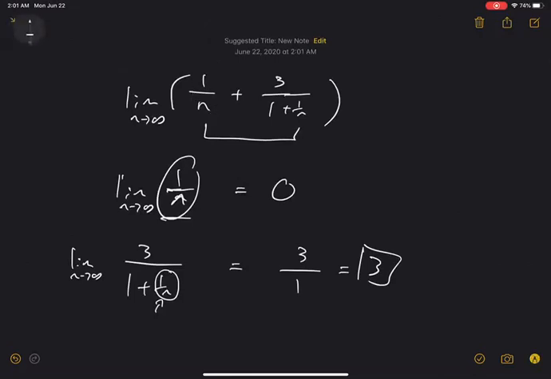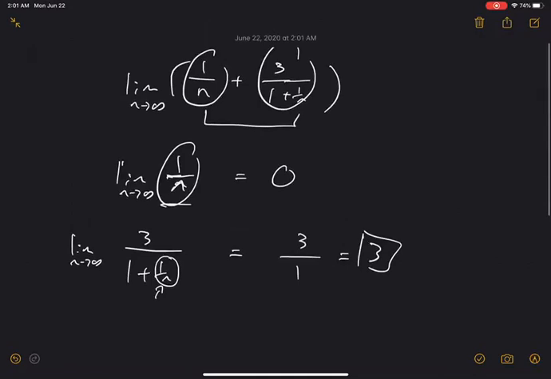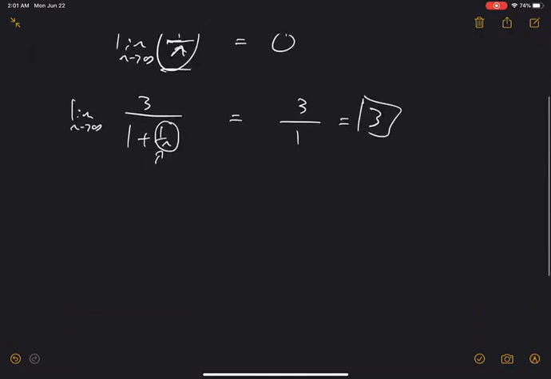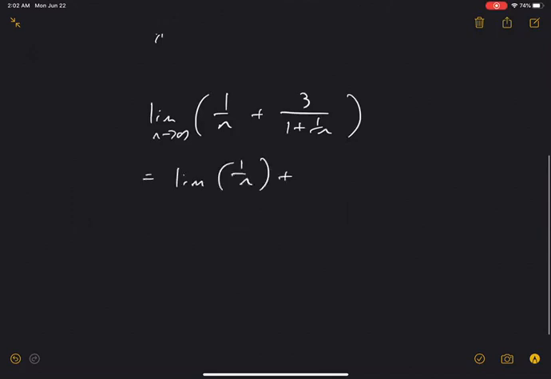So I know both of these pieces are convergent, right? These sequences are convergent. So I can use my limit laws to say this is equal to the limit of 1 over n plus the limit of 3 over 1 plus 1 over n.